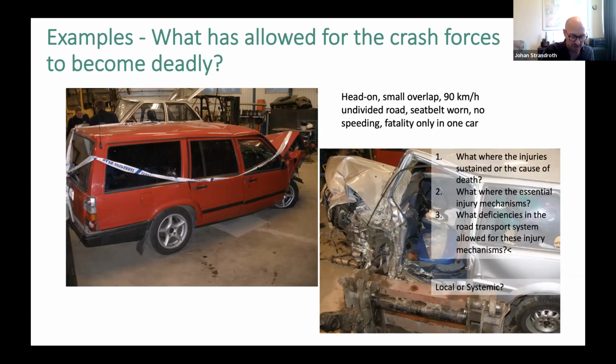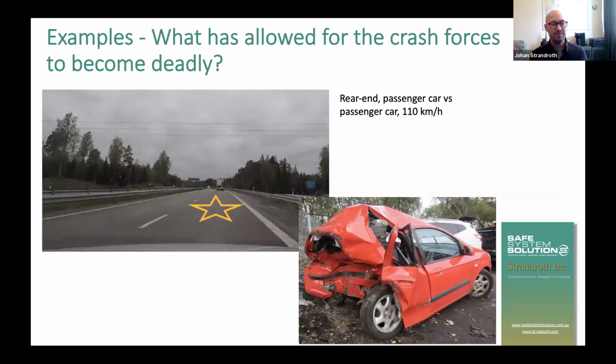Last example, I've kept you long enough before we have a bit of a break. But last example then, just because, again, this is a 5-star road. It's a good road. It's a freeway and it has a continuous barrier system. You have your shoulders where you can stand, etc. But for some reason, this car had stopped in the middle of the road.